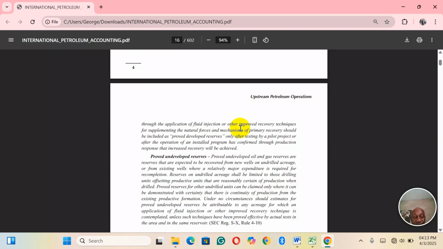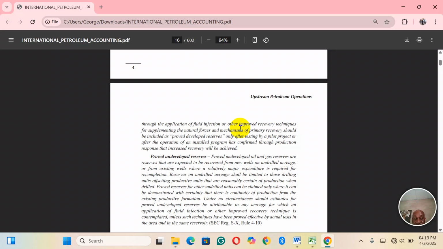Then we look at the proved undeveloped reserves. Proved undeveloped oil and gas reserves are reserves that are expected to be recovered from new wells on undrilled acreage, or from existing wells where a relatively major expenditure is required for recompletion.